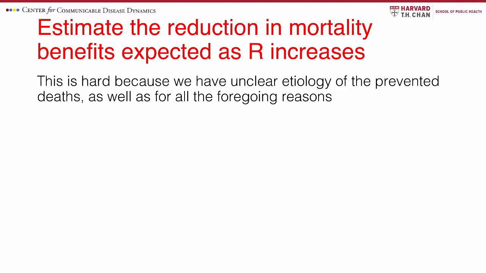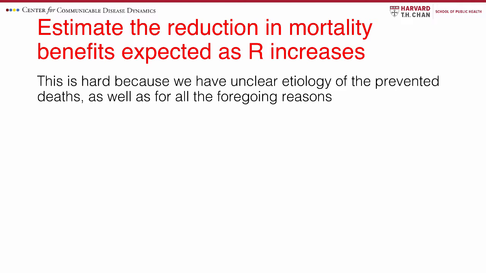It's certainly worth considering the possibility that whatever benefit for mortality we see from mass drug administration at the moment would decrease as resistance increases in some of the pathogens that cause the syndromes that lead to the preventable mortality.